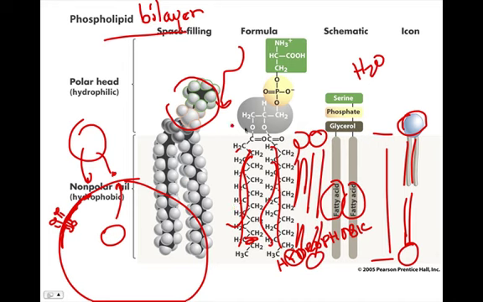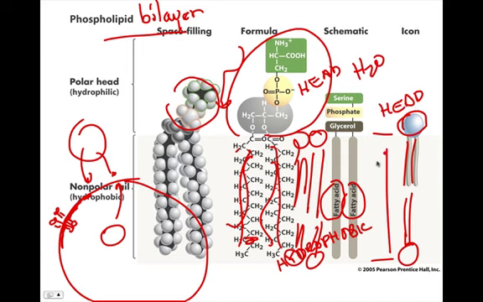And then I already circled this. This part up here is called the head. So we've got something that has a head and a tail. Hydrophilic head, because look at the charges up here, very hydrophilic. Would love to be dissolved in water.